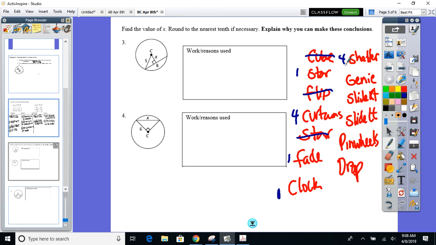Genie. Slide right. Slide left. Pinwheel. Any drops? All right, you ready? You got Promethean Man or you got the genie coming down? Here we go.